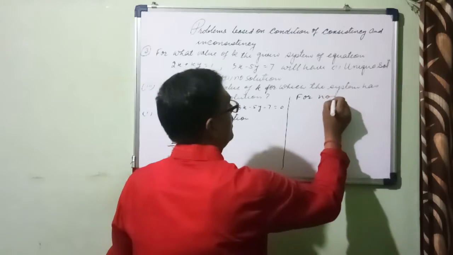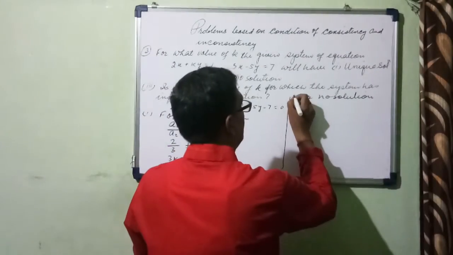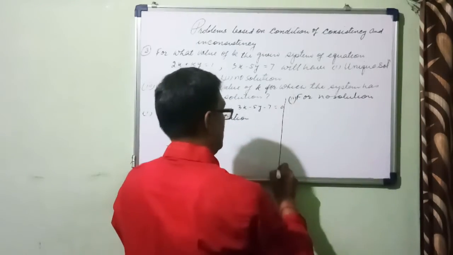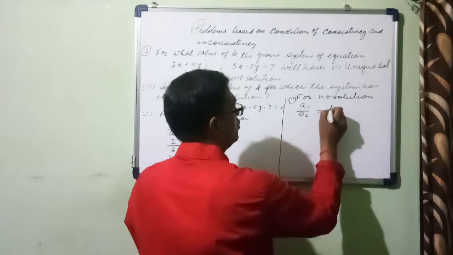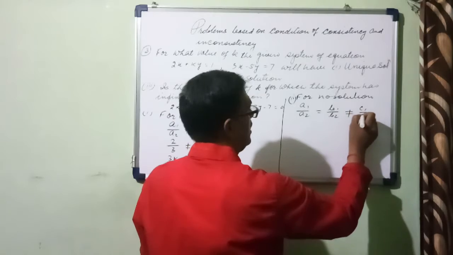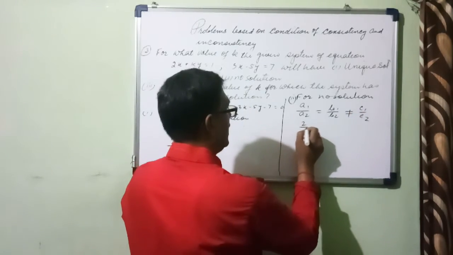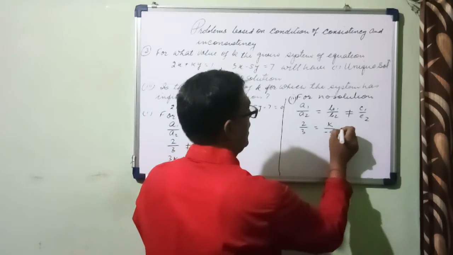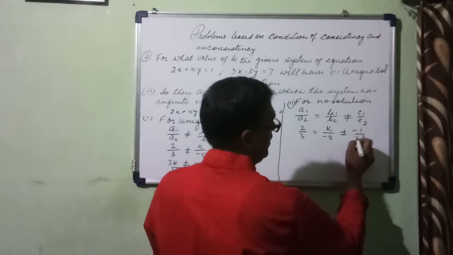Second case, for no solution, what can you have? a1 by a2 is equal to b1 by b2 is not equal to c1 by c2. a1 by a2 is how much? 2 by 3. b1 by b2 is how much? k by minus 5, which is not equal to minus 1 by minus 7.